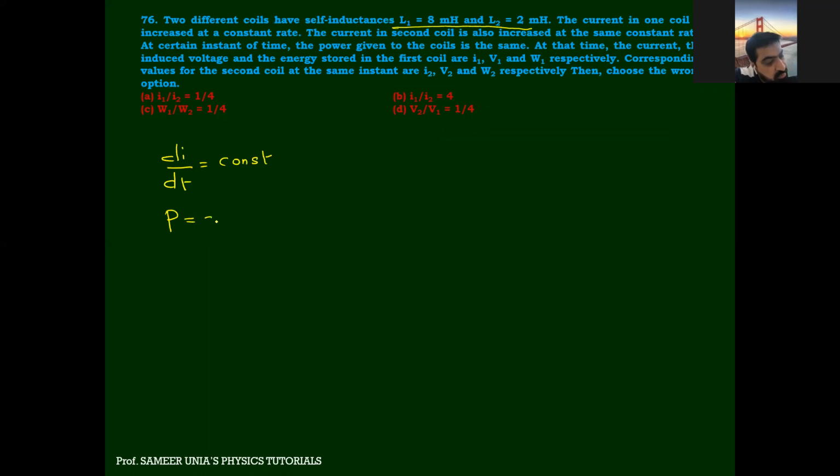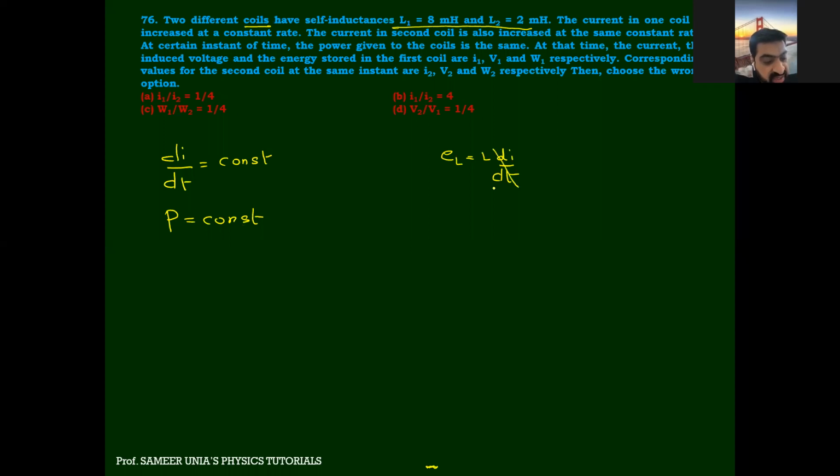So power is also the same. At that time, the current, the induced voltage and the energy stored in the first coil is I1, V1, W1. Corresponding values in the second coil is I2, V2, W2. Then choose the wrong options. Listen to me now. There are coils. Can I say EMF induced across the coil, that is inductor, is L di by dt?